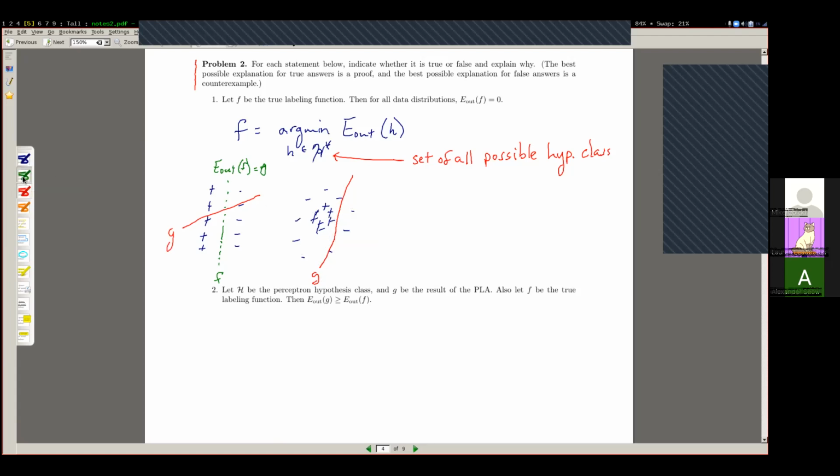But there is still some other hypothesis class of circles, like that. If that was f, then we would still be perfectly classifying our data. And so the E out of f would still be equal to 0 in this case.